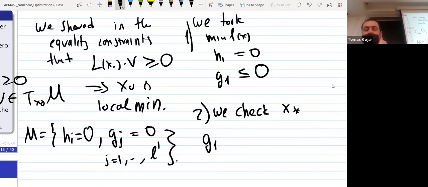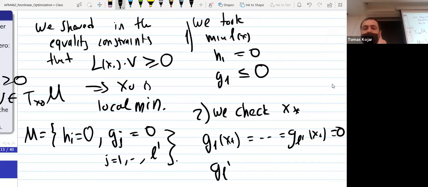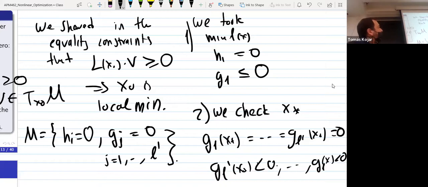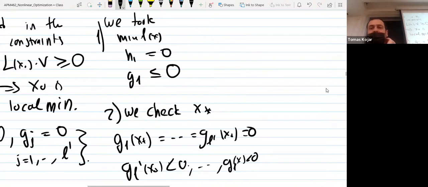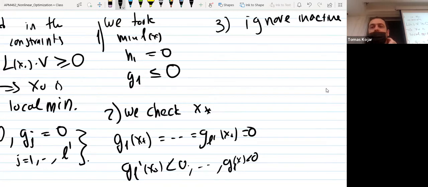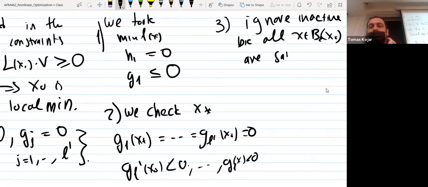So g1 of x star to g l prime of x star are 0, but the rest are all negative. Step 3, we ignore the inactive ones, because all x in B epsilon of x star are the same inactive.